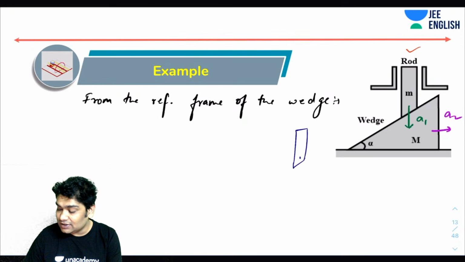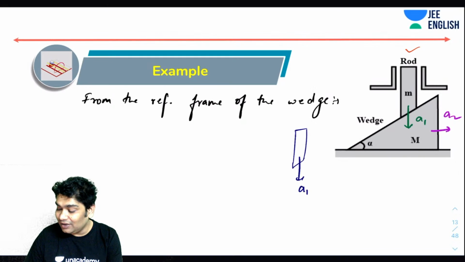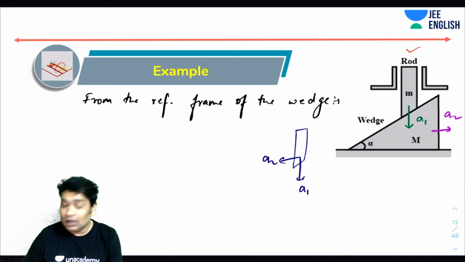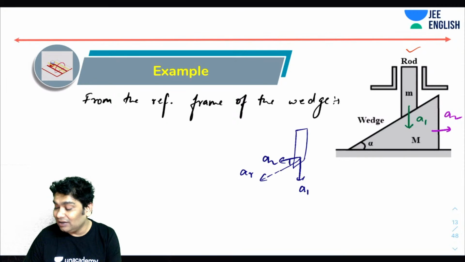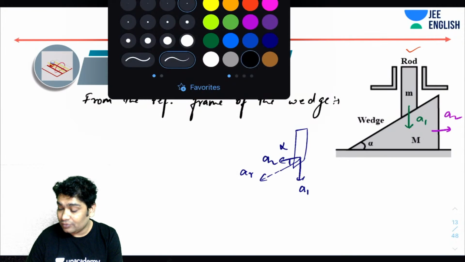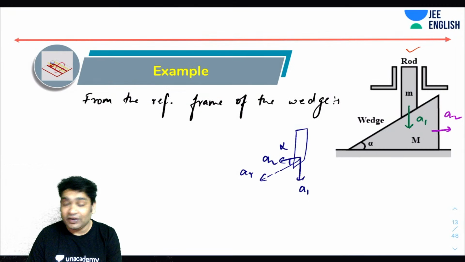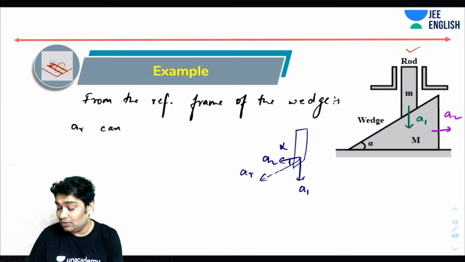It already has this acceleration a1, and now it will have another acceleration a2. You know that the resultant has to be in this direction, which is along the incline. So the angle with the horizontal would be alpha. From the reference frame of the wedge, AR should point down the incline.